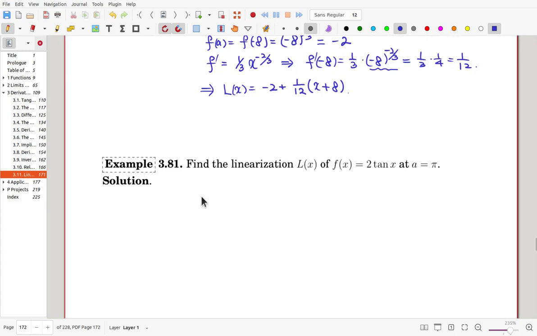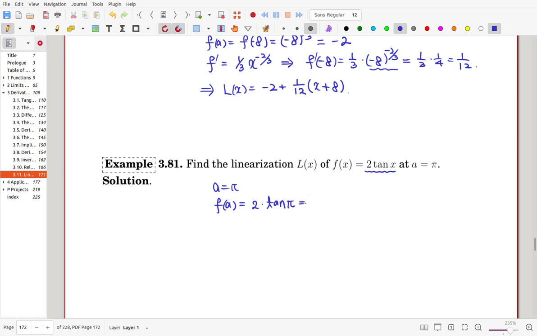Now, one more time, we have to find the linearization of f(x) = 2 tangent x at a = pi. Now, how about f(a)? Since a is pi, that is 2 times tangent pi.